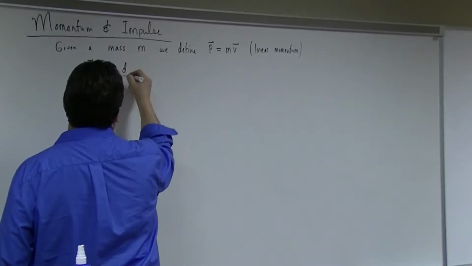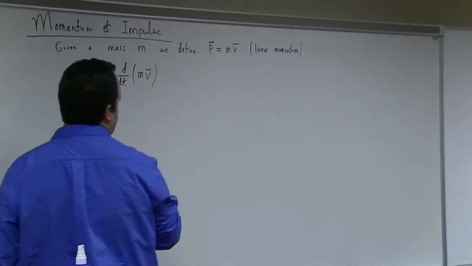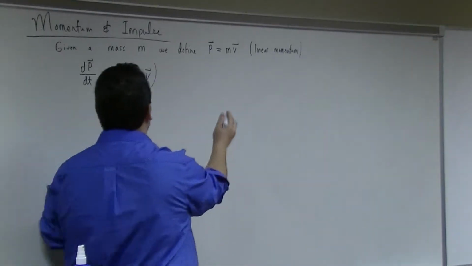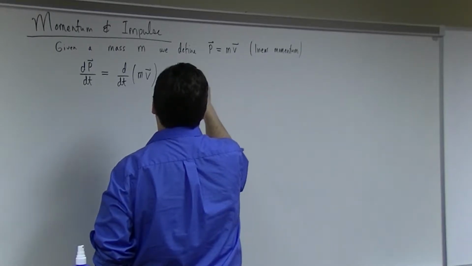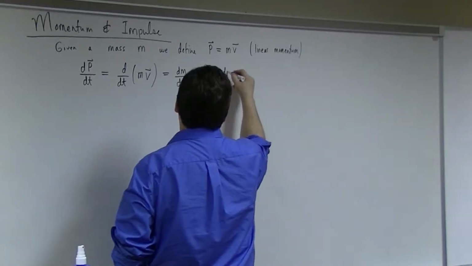Well, that would be d/dt of m times v. Generally speaking, this would look like dm/dt times v plus m times dv/dt.